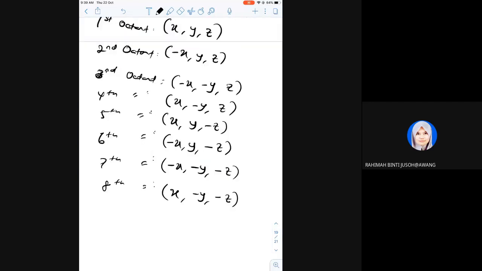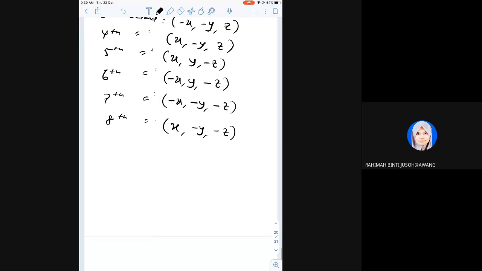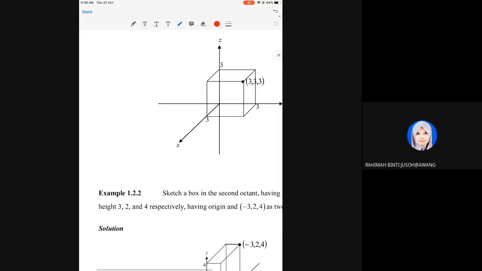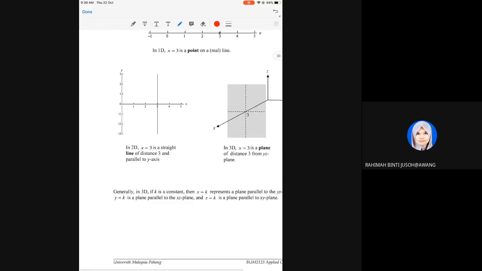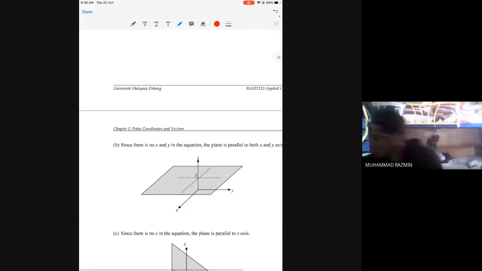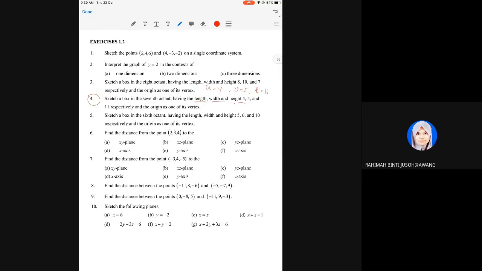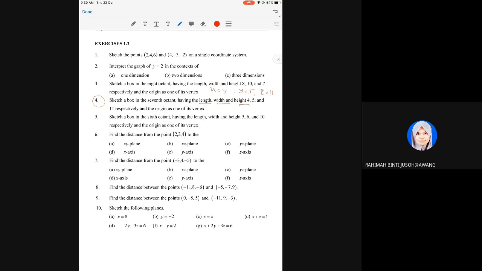Okay, so let me sketch. Kita buat satu soalan dalam modul tu. Sketching a box. Let's say we do question number 4. No, number 7. Saya nak soal number 7. Number 4 tu saya tak nak. Sorry, number 4 lah.